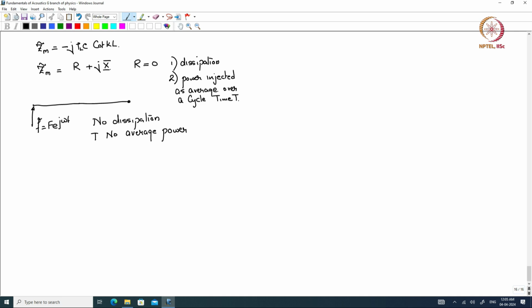And that is because the incident amplitude A tilde gets reflected from this zero displacement point. It has the same amplitude B tilde. So, whatever I am sending in, A tilde, is coming back to me as B tilde, and therefore, no average power. Okay, and therefore, the real part is first of all 0.